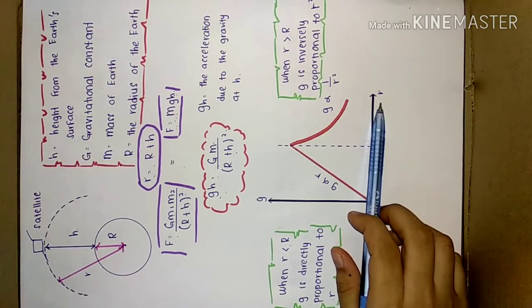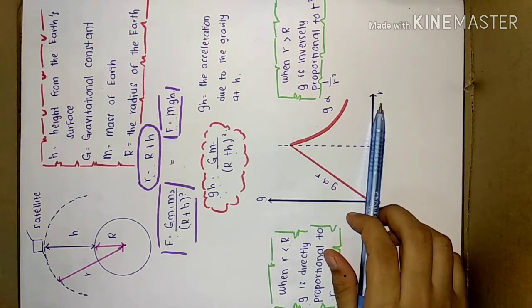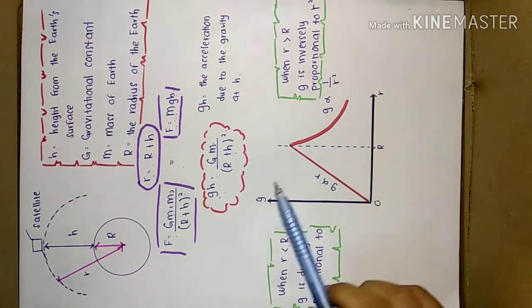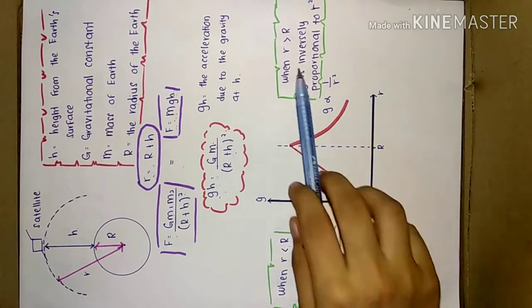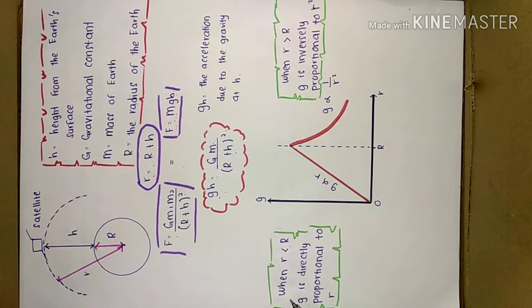There are two relationships. When r, the distance from the center of Earth, is less than the radius of Earth, the gravitational acceleration is directly proportional to the distance from the center of the Earth.